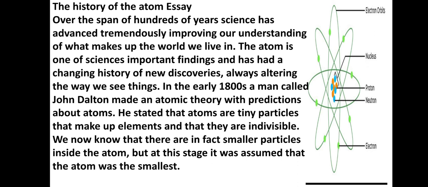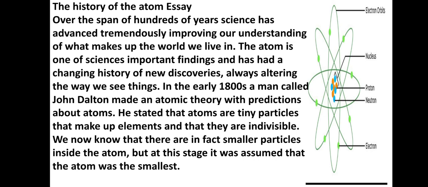way we see things. In the early 1800s, a man called John Dalton made an atomic theory with predictions about atoms.